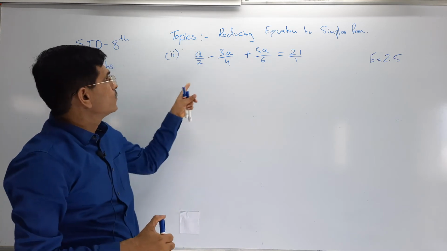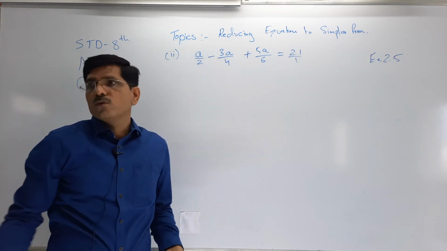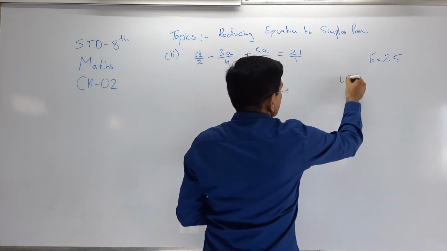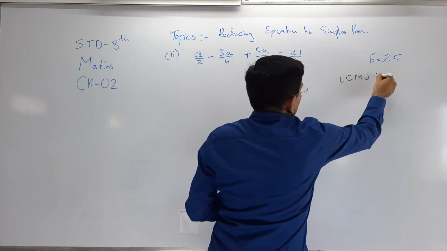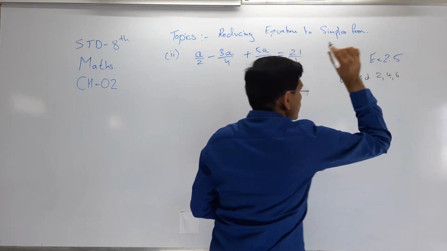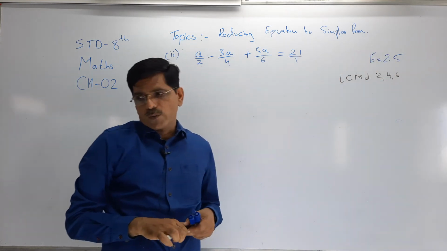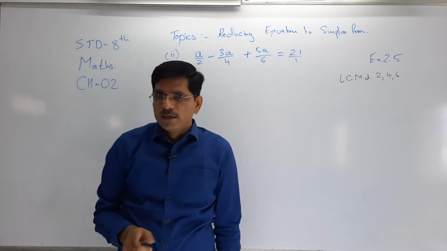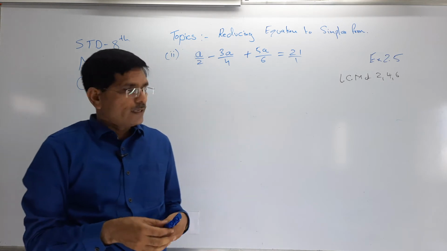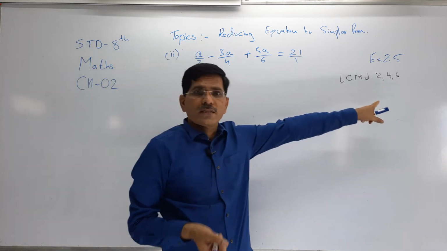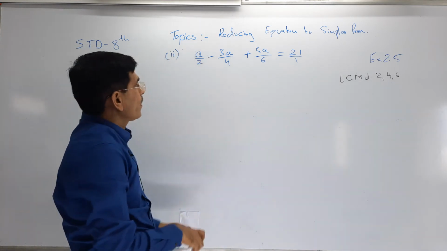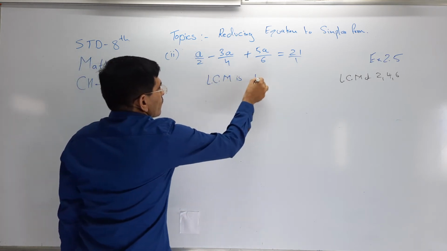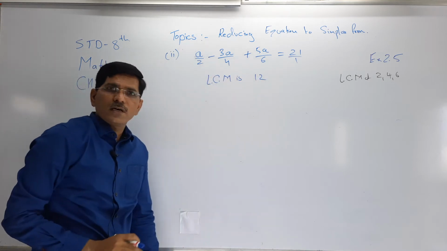Now if you see 2, 4, 6, we have to find the LCM of 2, 4, 6. 2 6s are 12, 4 3s are 12 and 6 2s are 12. So my LCM is 12. Again we have to implement the same method. So now LCM is 12.